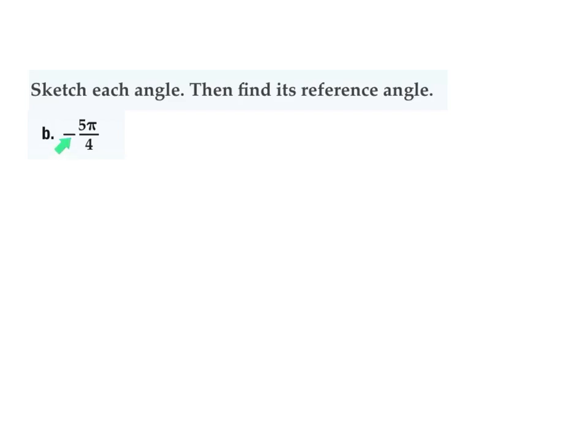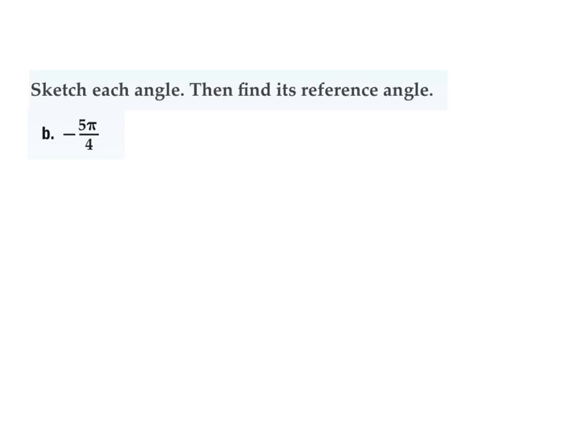Since it's a negative, we're going to be going clockwise. And to get a better sense of what negative 5 pi over 4 is, I know that since it's an improper fraction, it's bigger than 1, right? And negative pi is the same as negative 180 degrees.